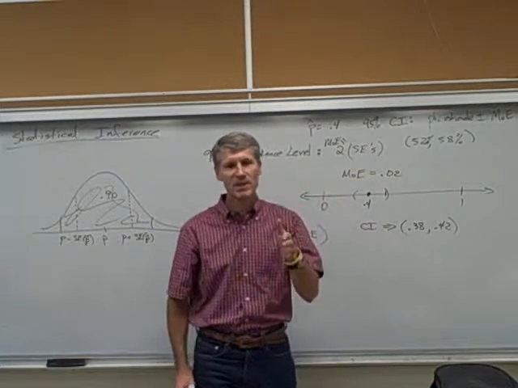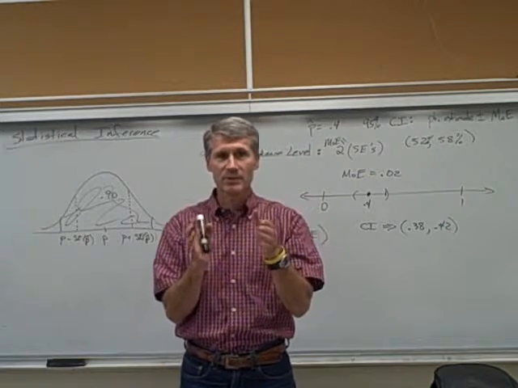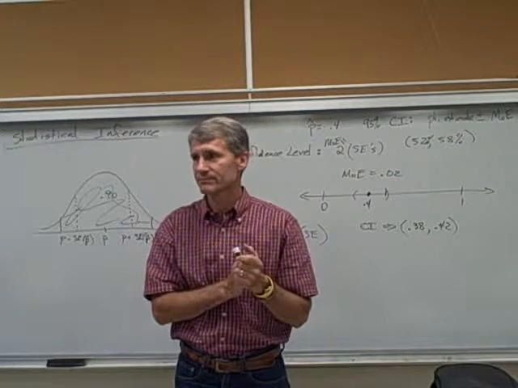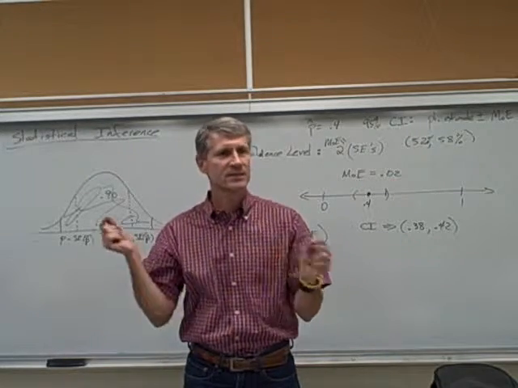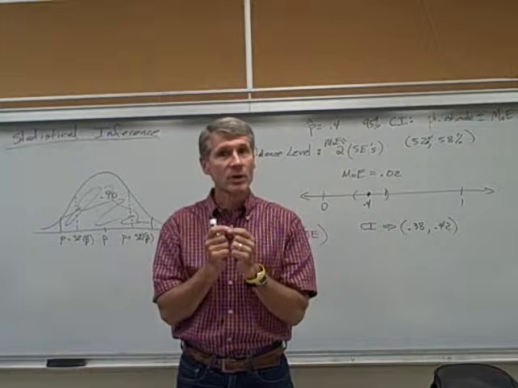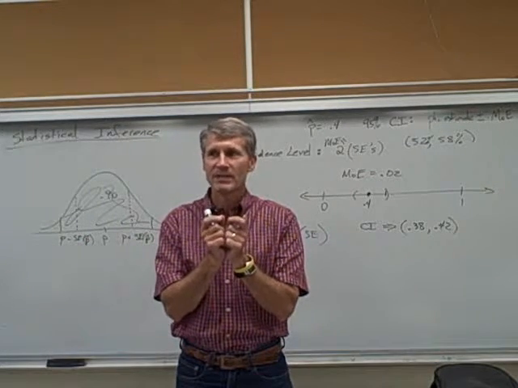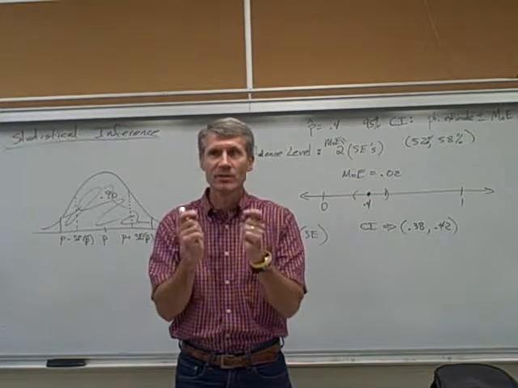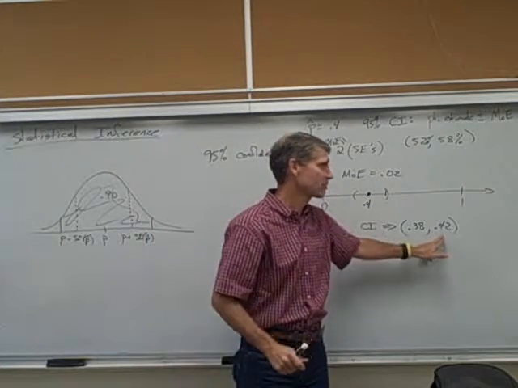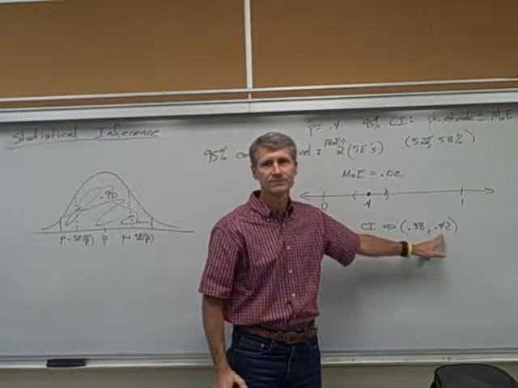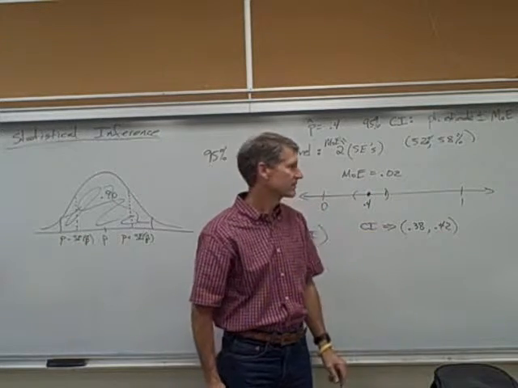So we're saying it is not plausible that the true proportion is bigger than 0.5. Okay. So that's statistical inference. I don't know what the exact P is, but I know from my sample that it's not plausible the exact P is anything bigger than 0.42. Okay, so that's confidence interval.